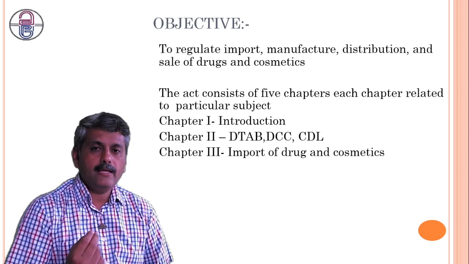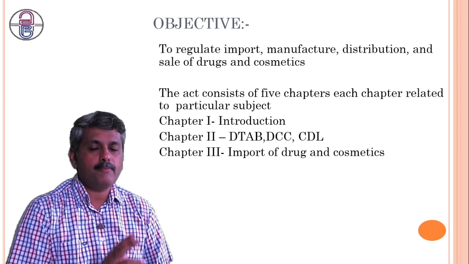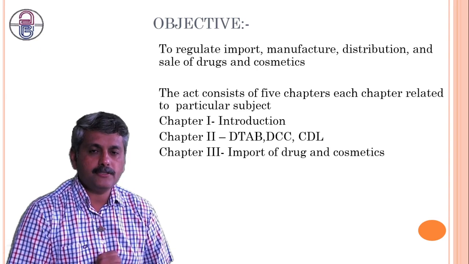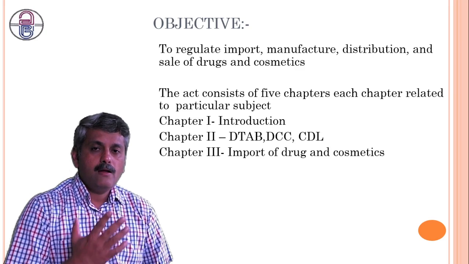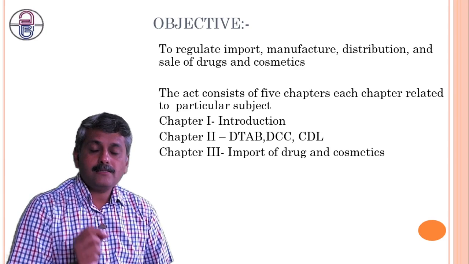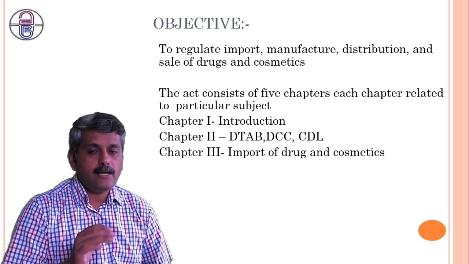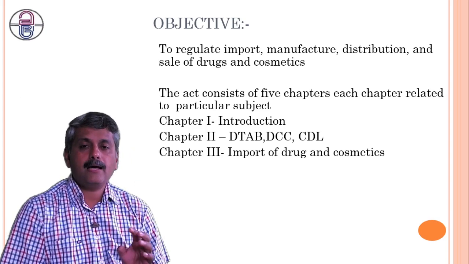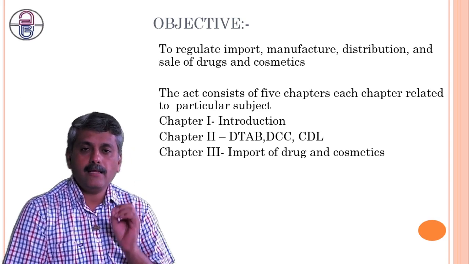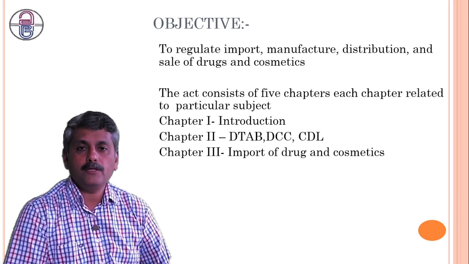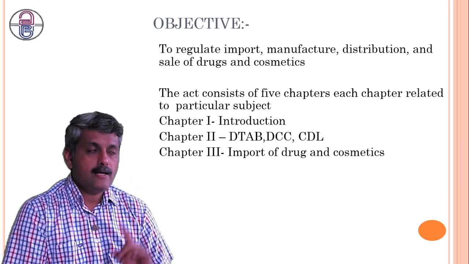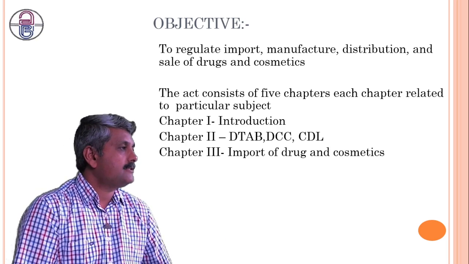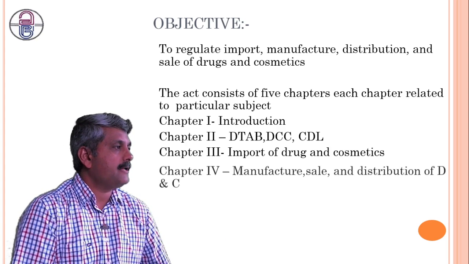Whenever we are importing any cosmetic, it should have some ideal characteristics, and then only can we import it. Which drugs or chemical constituents are banned? If they are present in that drug or cosmetic, then we should avoid the use and restrict the import. These are mentioned in Chapter 3, that is, import of drug and cosmetic.